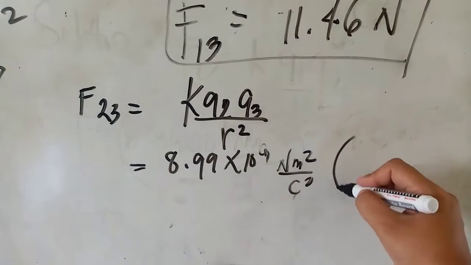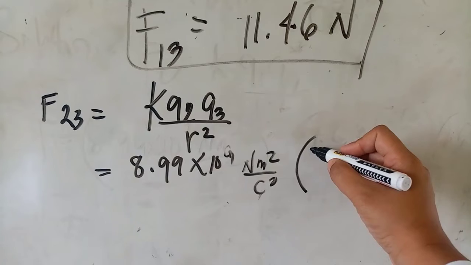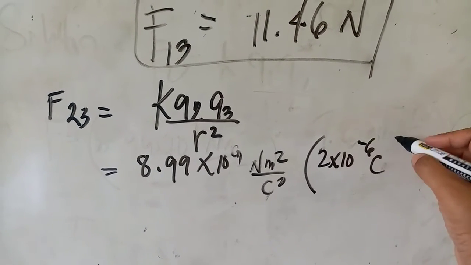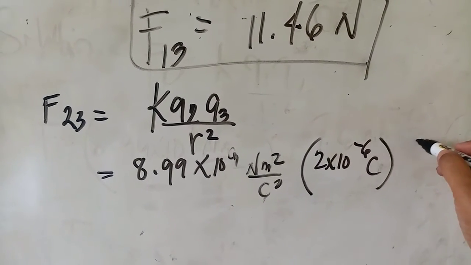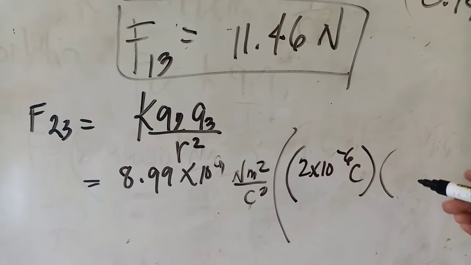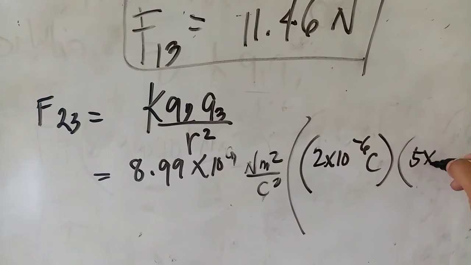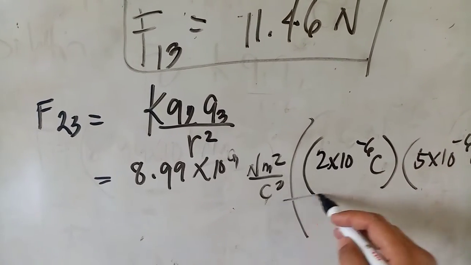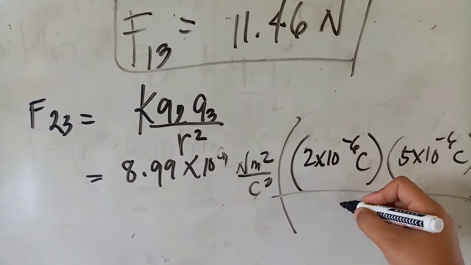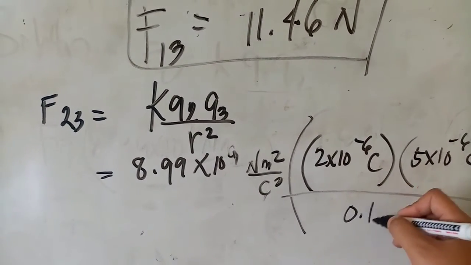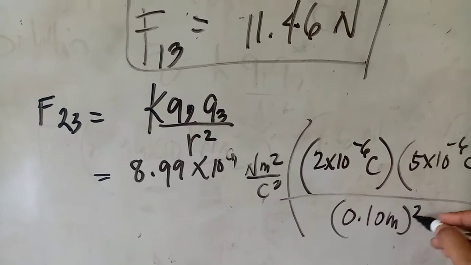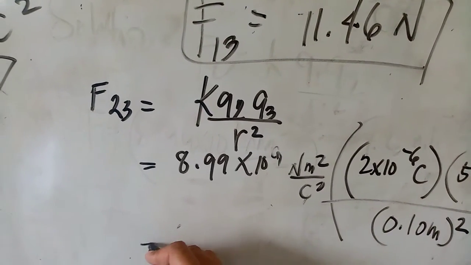Just substitute the value of charge 2, that is 2 times 10 to the power of negative 6 coulomb times 5 times 10 to the negative 6 coulomb over the distance between them, which is 0.10 meters, quantity squared.